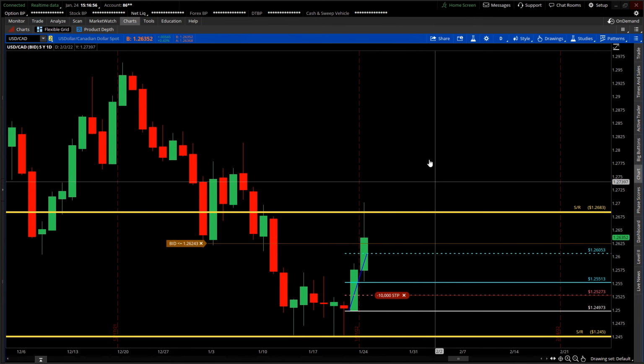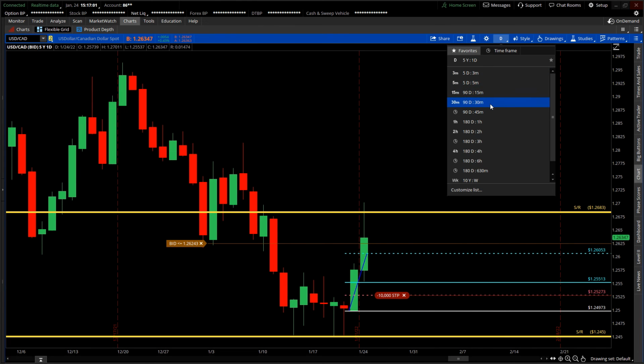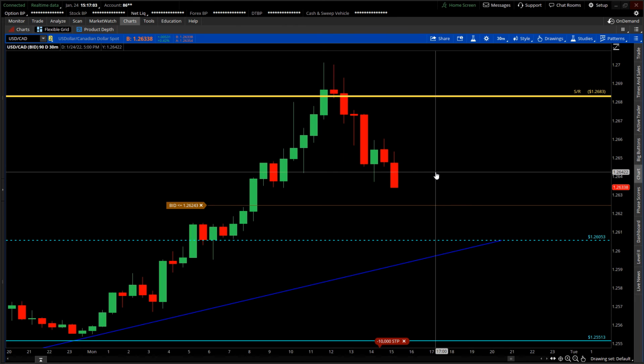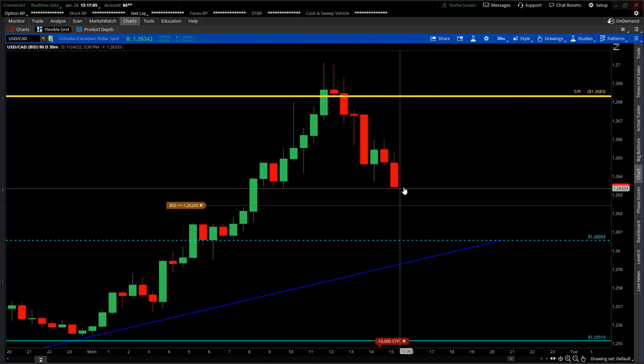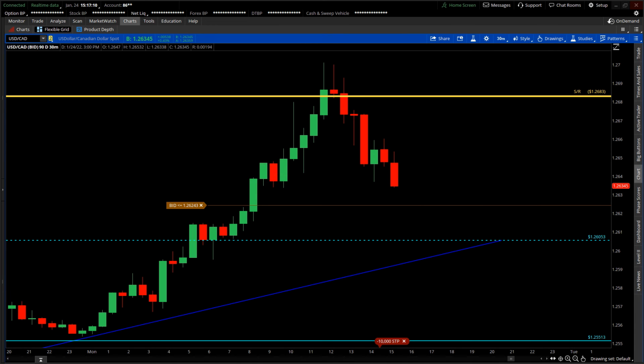So that's the status of this trade so far. I'll pause it again, and then hopefully it cools off somewhere around here and then runs right back up here to retest. So I'll pause it for now, and I'll pick it up in a few hours.